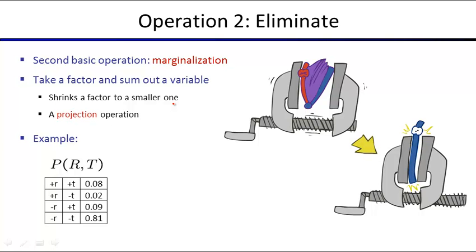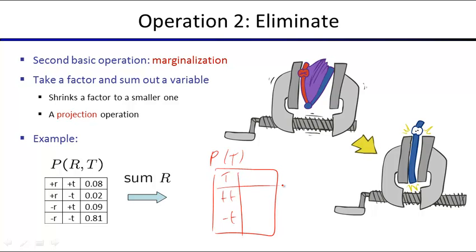If we just start with this table here, we want to marginalize to just get a table over T. It means you sum over R. What does that mean? You get P of T, and you have an entry for plus T, negative T. For plus T, you sum corresponding entries together. Plus T, that's 0.17.